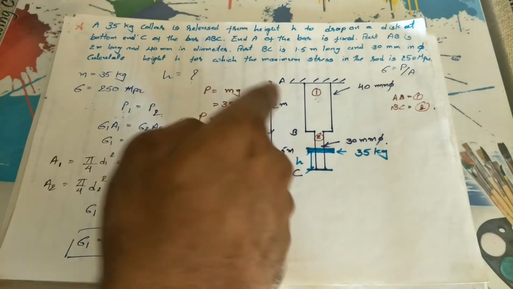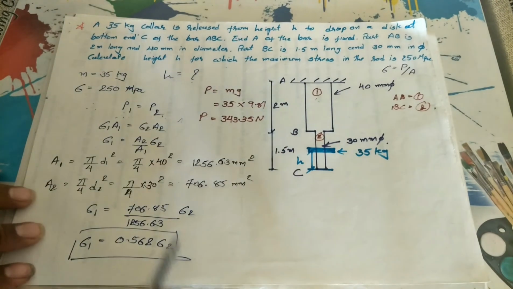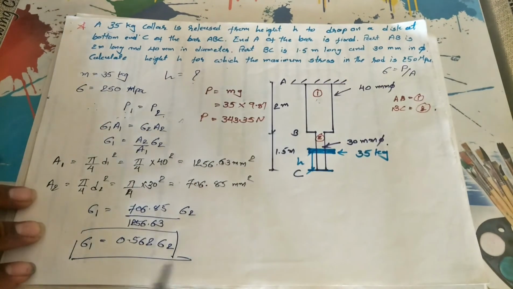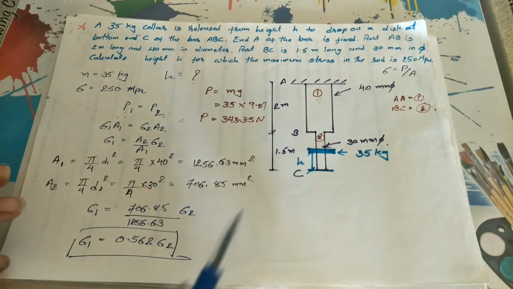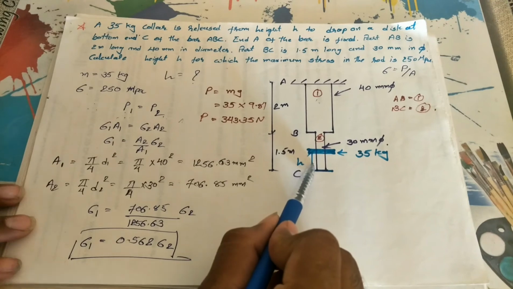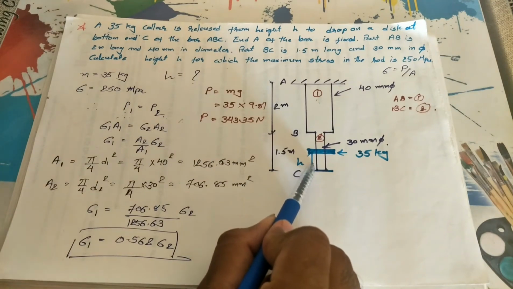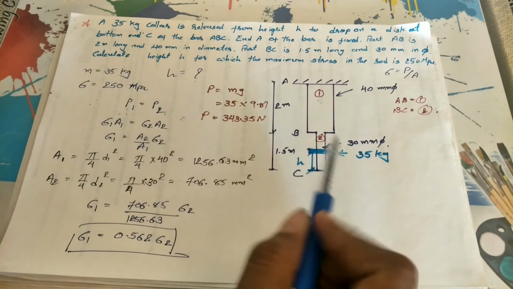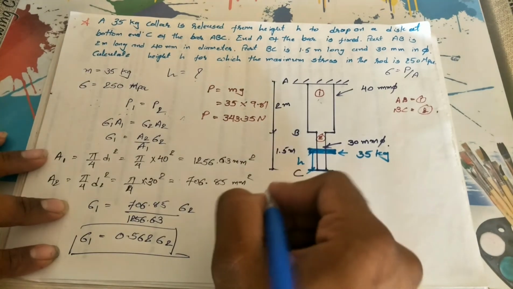But here the hint is given, they have written maximum stress. So as you know that the diameter of this portion is less, the chance of producing stress in this portion is more.